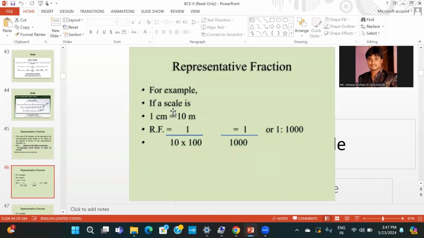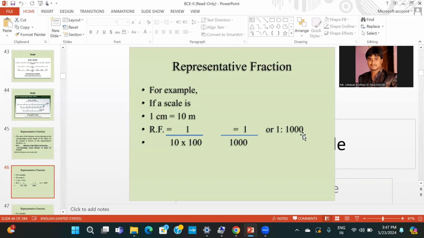For example, if the scale is 1 centimeter equal to 10 meters, as we have seen previously, 1 centimeter on the paper represents 10 meters on the ground. So the representative fraction can be represented as 1 by 10 into 100, since 1 meter is equal to 100 centimeters. Here, 1 by 1000.